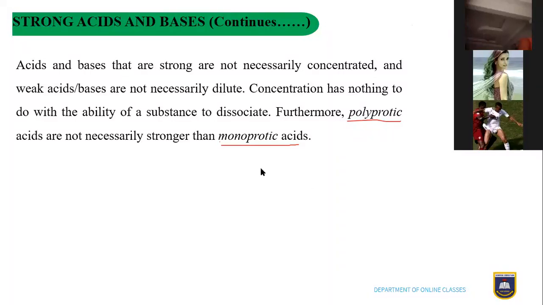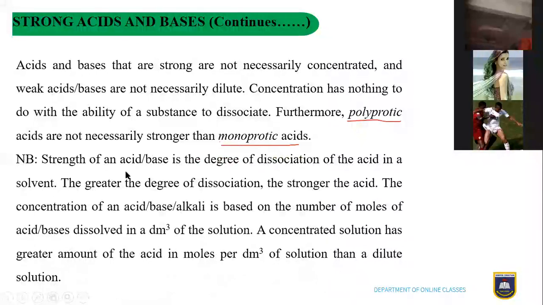Now, I said concentration is also different from strength. What's the meaning? The strength of an acid, so what's the difference? The strength of an acid is the degree of dissociation of the acid in solvent. Remember I said strength of an acid. I'm not saying strong acid or weak acid.